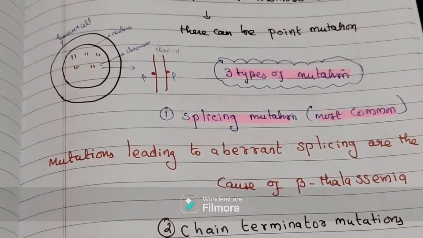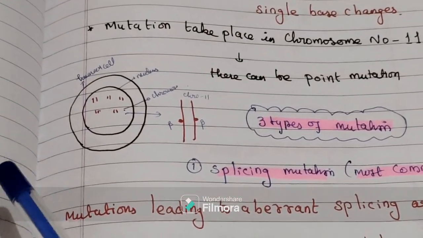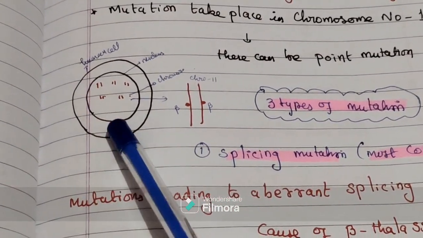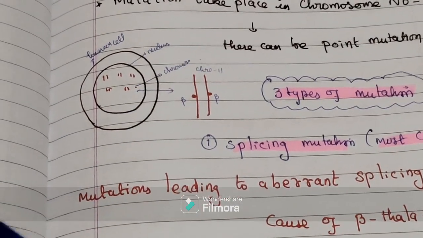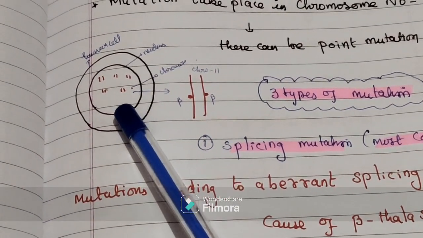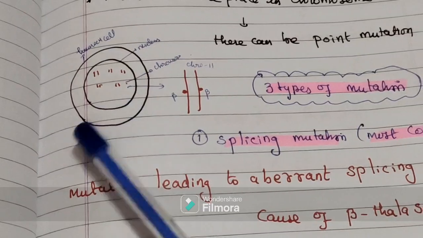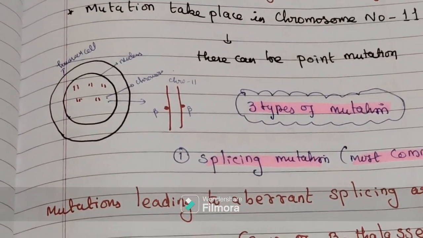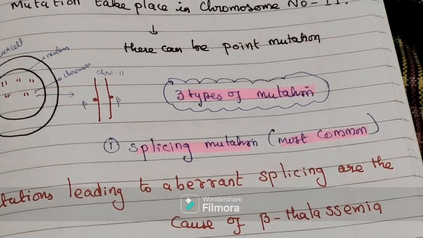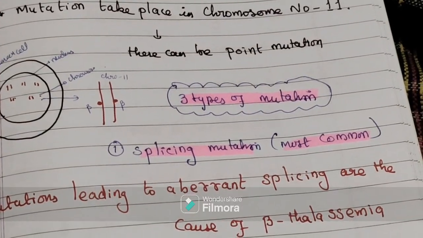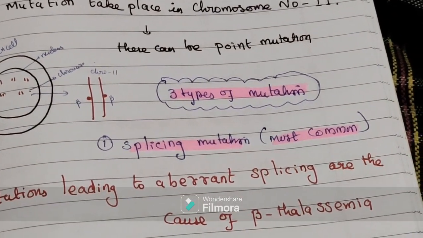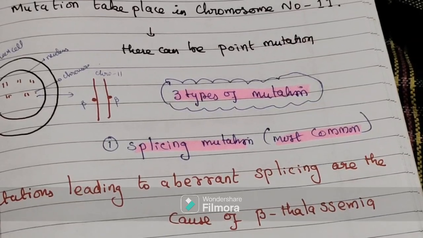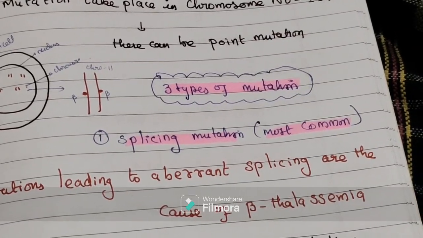So in the nucleus of a human cell, it contains 46 chromosomes or 23 pairs of chromosomes, numbered 1, 2, 3 like that. Here is chromosome number 11, that pair number 11, the gene of the beta chain is having some point mutation.